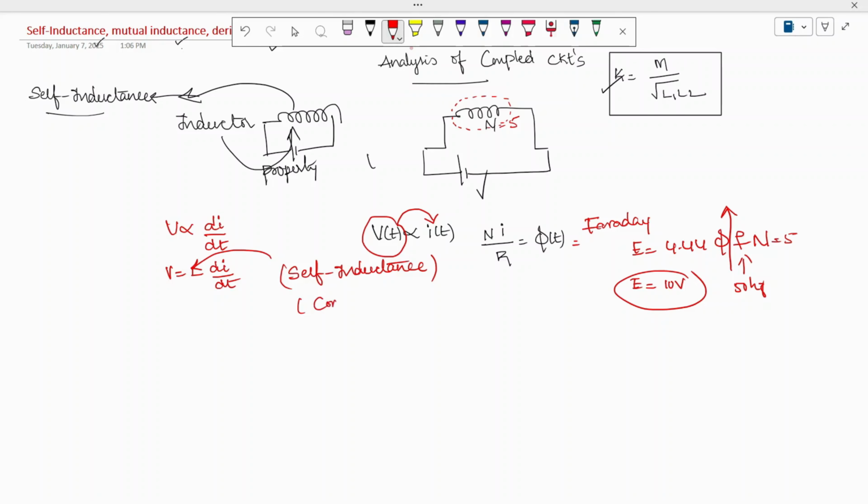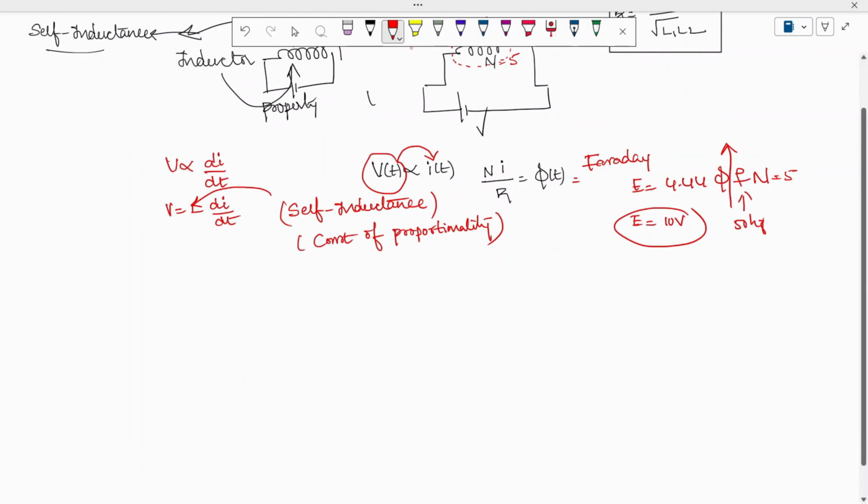We can call this a constant of proportionality, which we call self-inductance. Now we need to link this and get the formula for inductance.